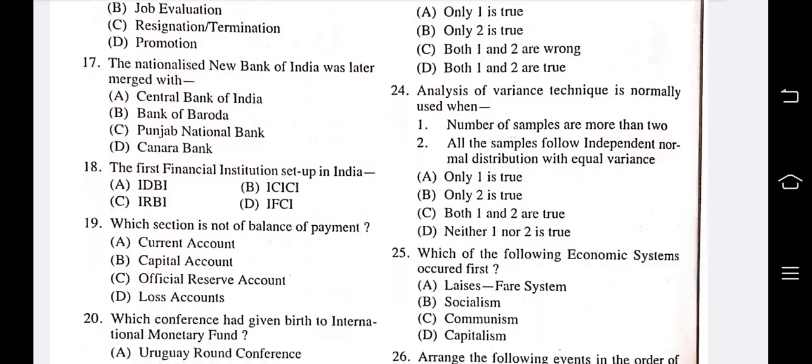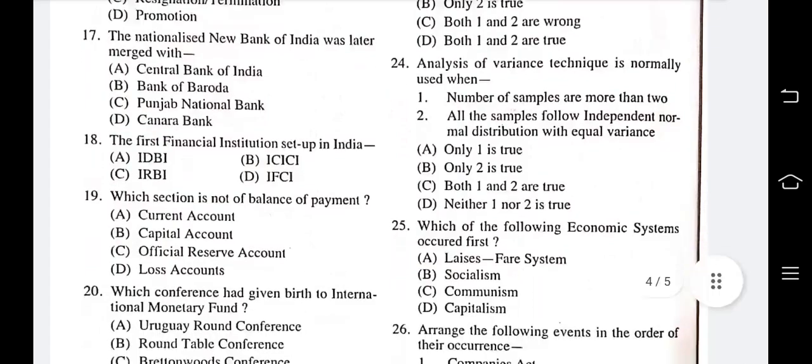ANOVA is a statistical parametric test used to compare data sets. The number of samples will be more than 2 because the ANOVA technique compares 2 or more samples, so all samples follow the independent normal distribution.